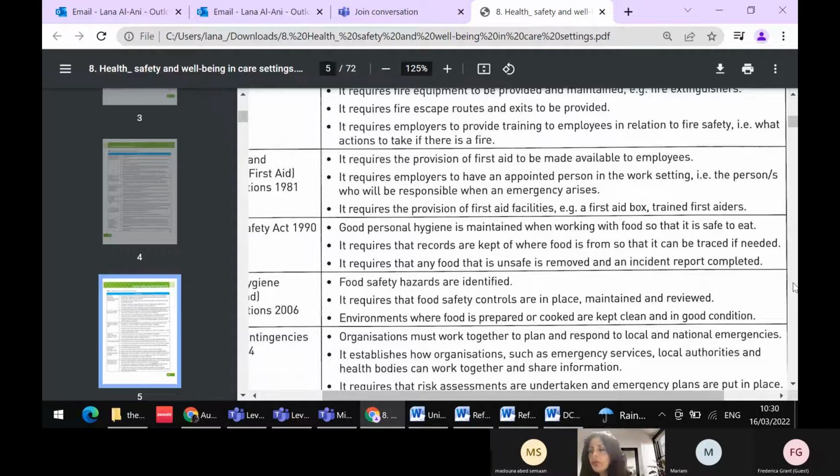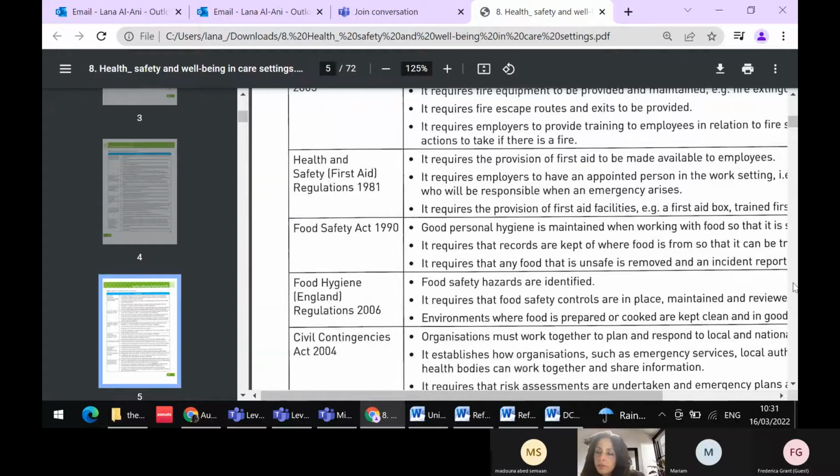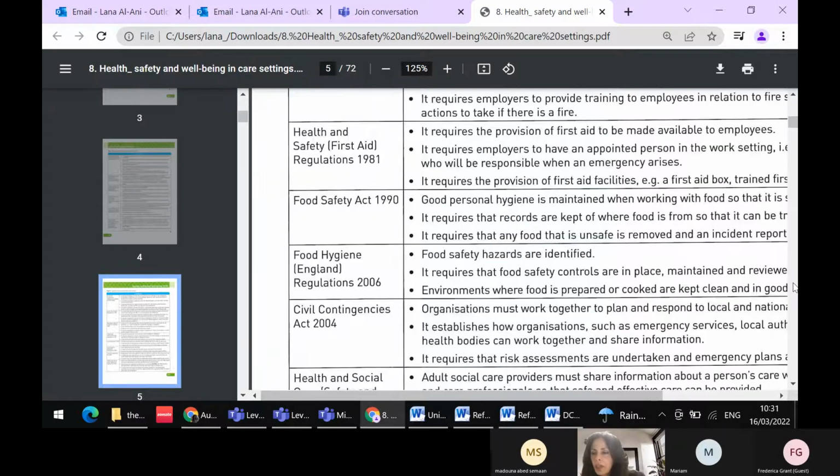Also required to keep records of the food, so nothing expired should be given to the clients. And required for food to be safe. If there is any incident, make sure the food is always hygienic, clean and safe when it is provided to the clients.